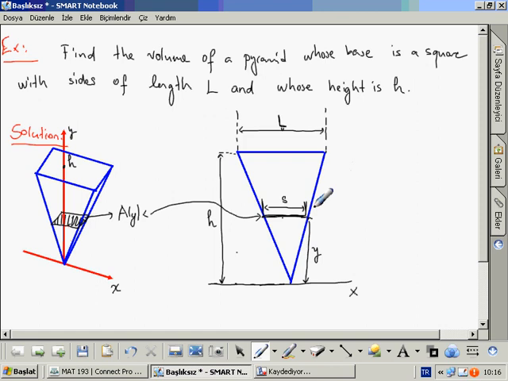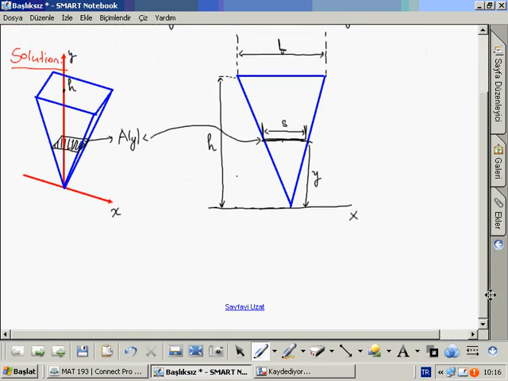To determine this, consider the figure on the right here. If we look at the pyramid directly from the front, we will see that we have two similar triangles, and we know that the ratio of any two sides of similar triangles must be equal, from geometry class, of course.